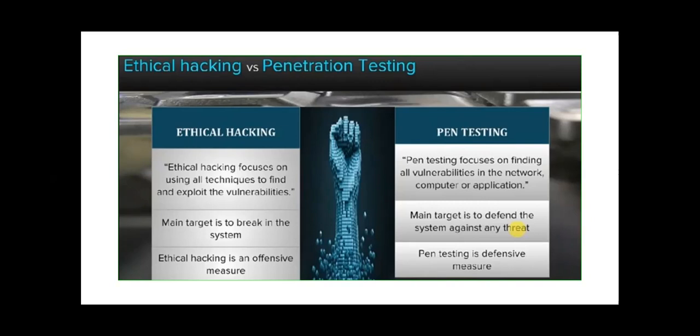And we have fixed those issues: there were open ports, TLS was not configured correctly, and multi-factor authentication was missing in the networking; we have configured all those things. These are some vulnerabilities we found. The main target is to defend the system against any threat. So the strategy is different.